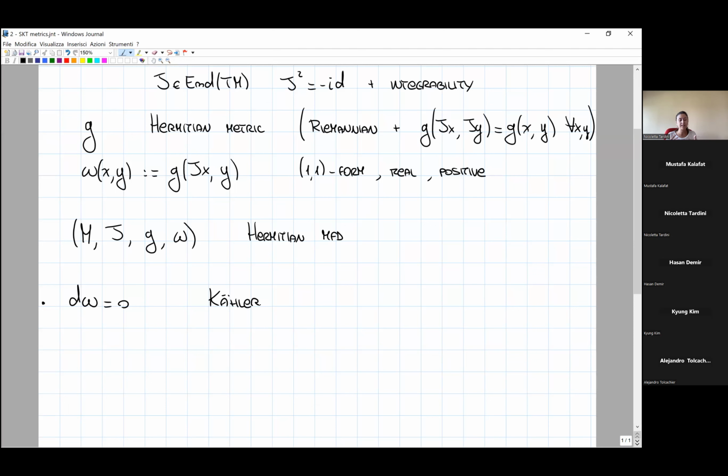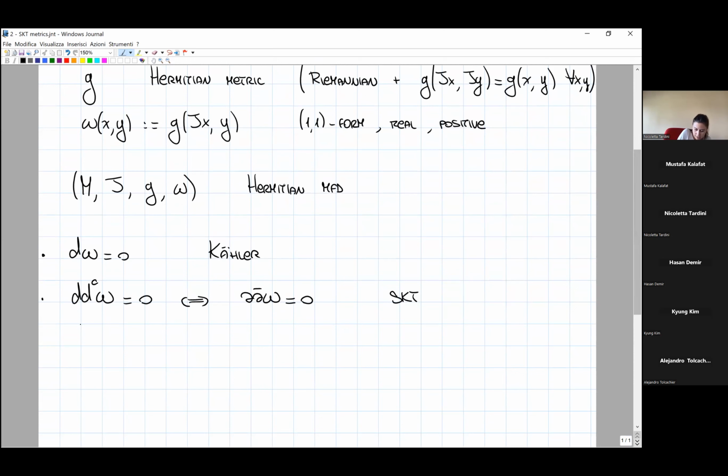So there are several ways to weaken the Kähler condition. One of these is to say that omega is not d-closed, but it's dd^c-closed, or equivalently, omega is ∂∂̄-closed. And this is the definition of SKT metric.